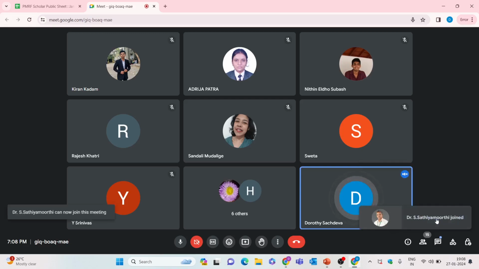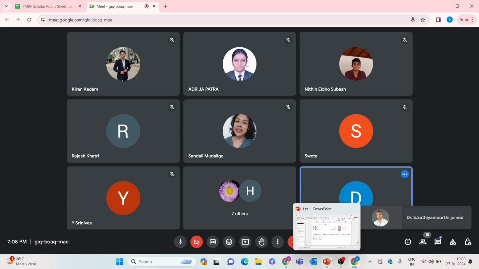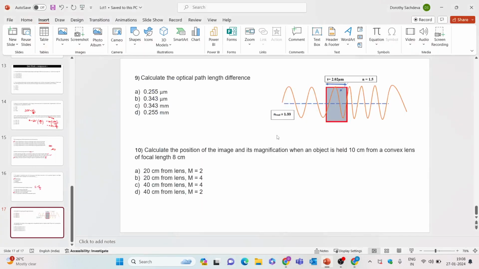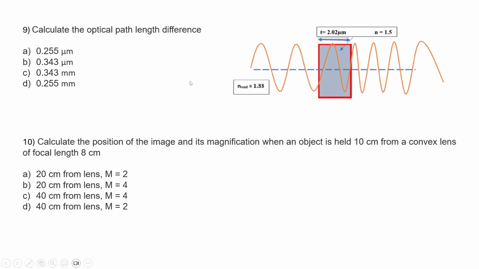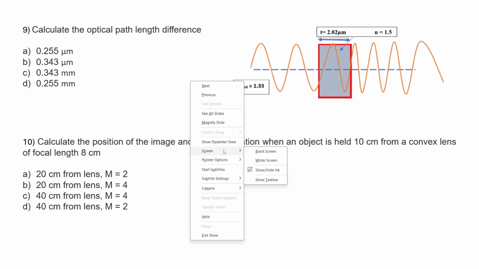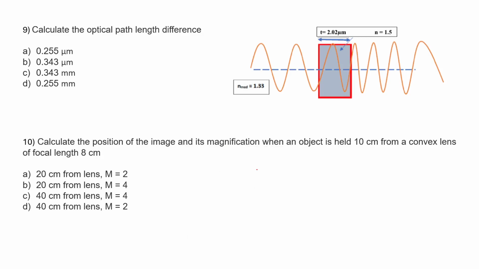Has the professor taught you about optical path length? I guess he'll be covering this in the coming week. But this question is there, so we'll discuss this question, then we'll move to the next one.